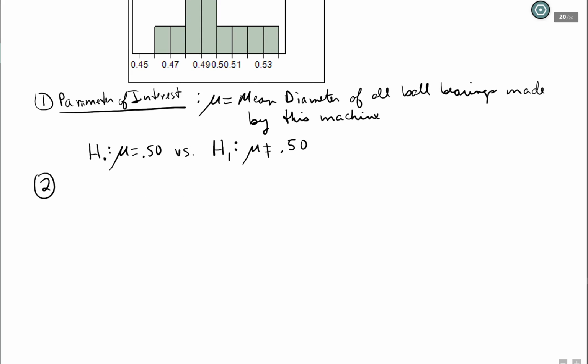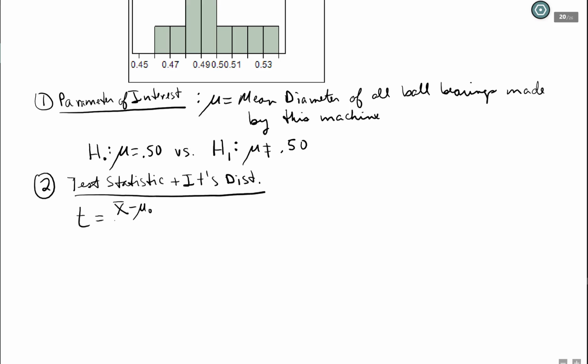So here in step 2, when we think of, okay, what's our test statistic and its distribution, we're dealing with the t test statistic. This t ratio here, x bar minus mu naught over s over root n, is our test statistic.